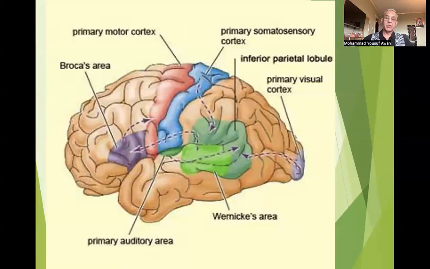So you interpret speech in Wernicke's area and produce speech in Broca's area. Then there is the occipital cortex, and the primary auditory area below the sensory area, where the hearing part of sensation is done.